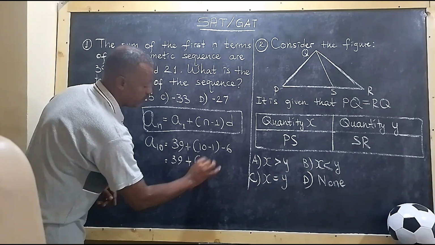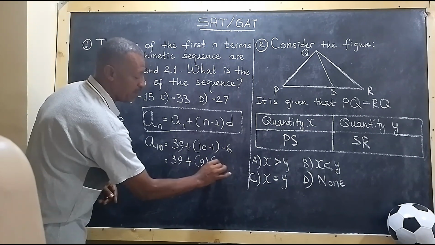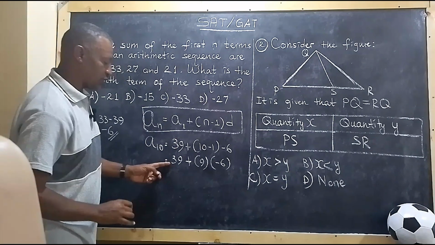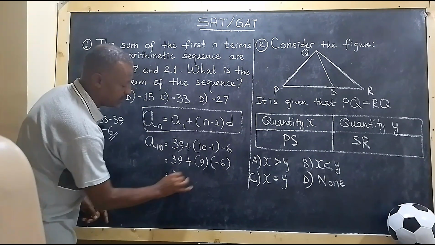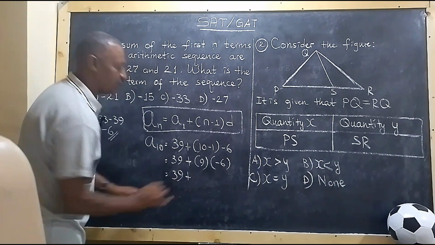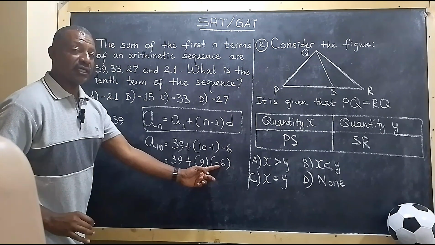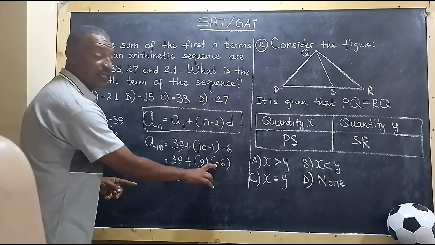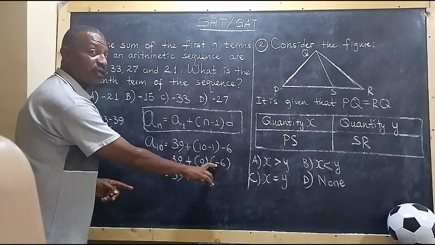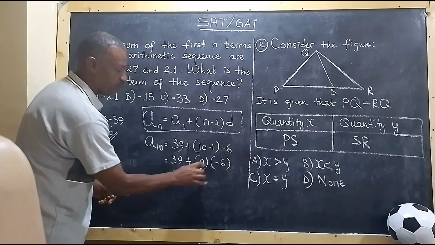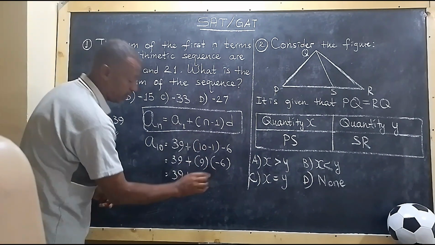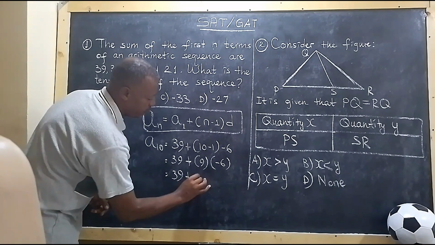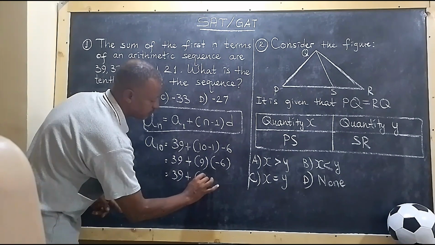Then you multiply it by minus 6. 9 times 6 is 54, but it has to be negative 54, because negative times positive is negative.